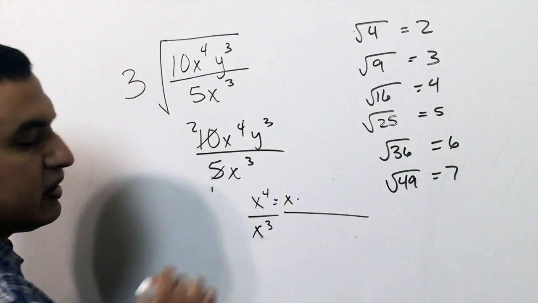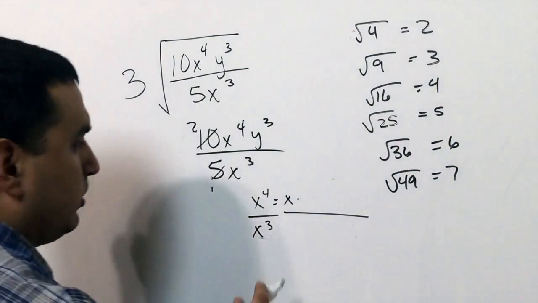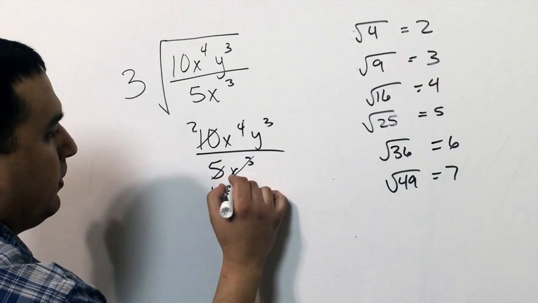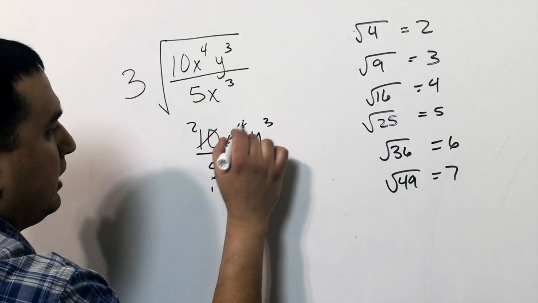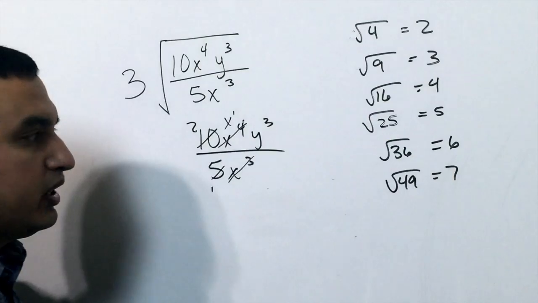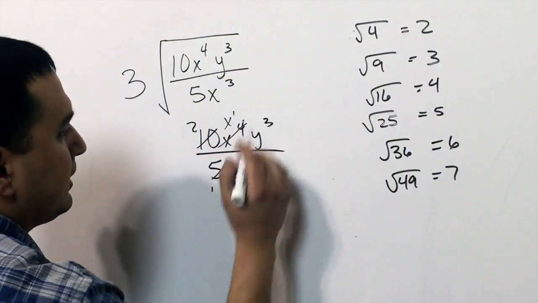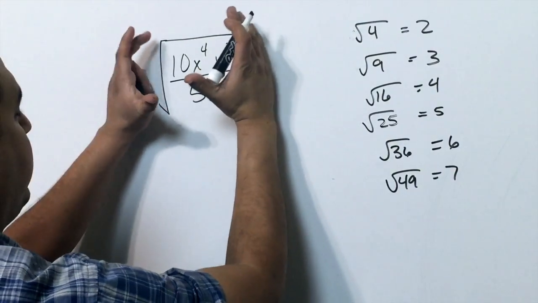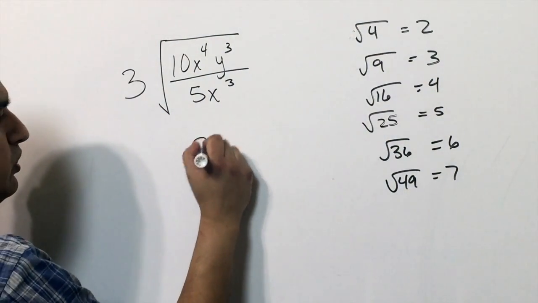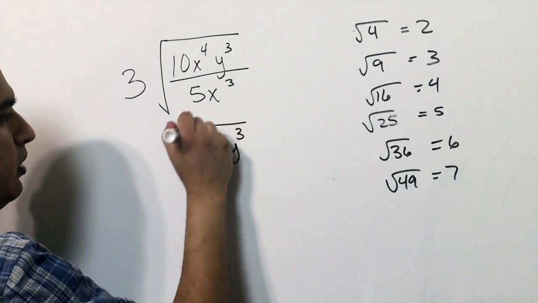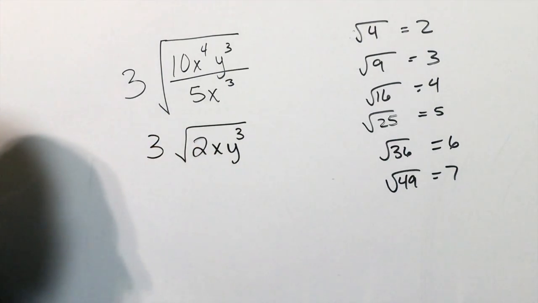What I'm left with is just 1 x on the top in the numerator. If I cancel this out and take 3 out of here, I'm going to have just x to the first power there. So all of this stuff right here simplifies out to 2x y to the third power. Okay, don't forget the square root.